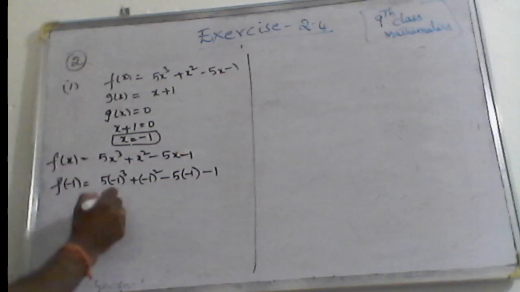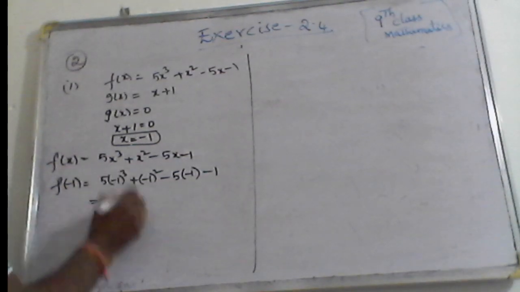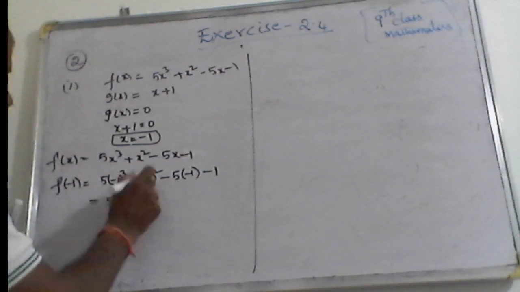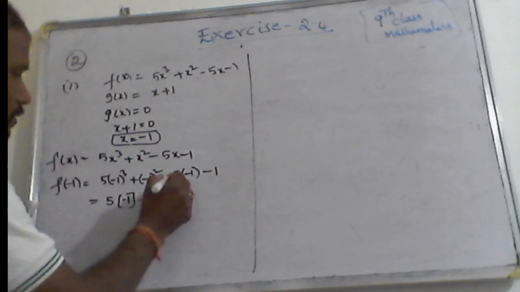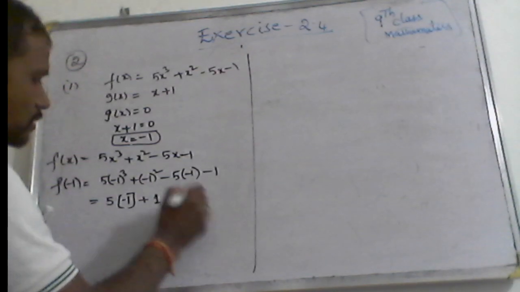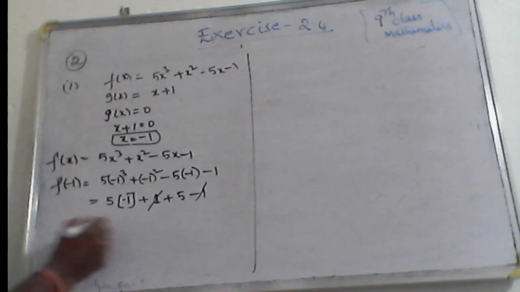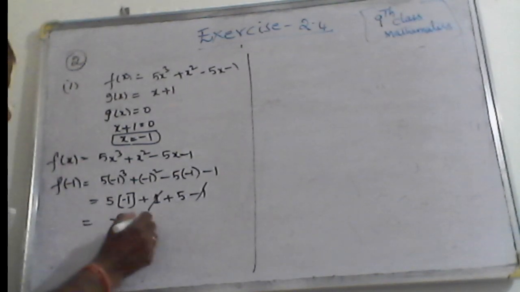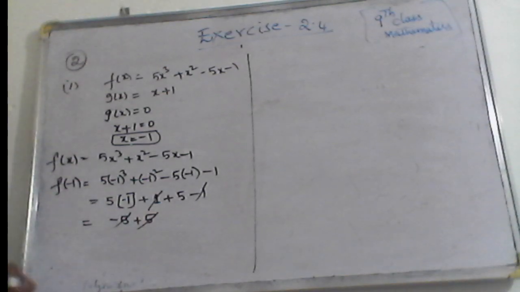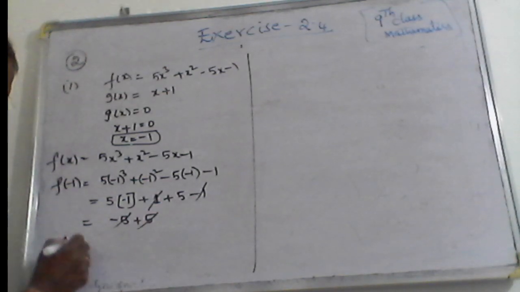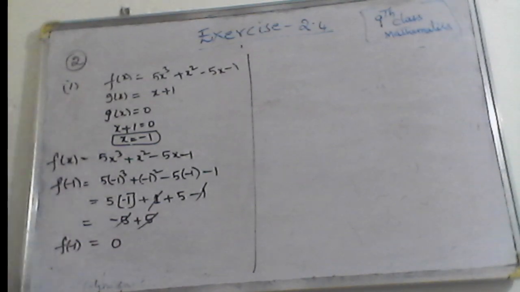So minus 5, plus 1, plus 5, minus 1. Minus 1 plus 1 get cancelled. Minus 5 plus 5 also get cancelled. F of minus 1 equal to 0.